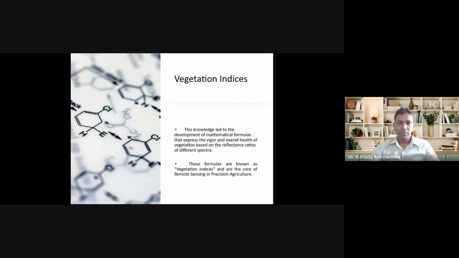So we move on to quantifying plant health. Scientists developed mathematical formulas called vegetation indices, and these indices represent the ratio of reflected light between different spectral bands. They provide a simple yet powerful way to evaluate plant vigor and stress across large agricultural areas.